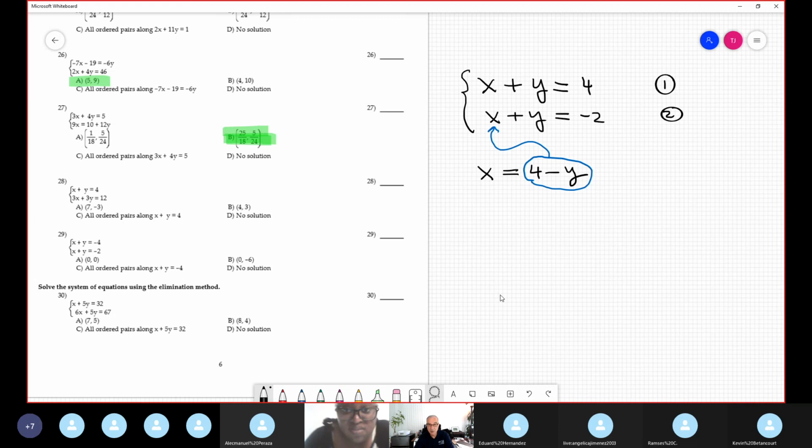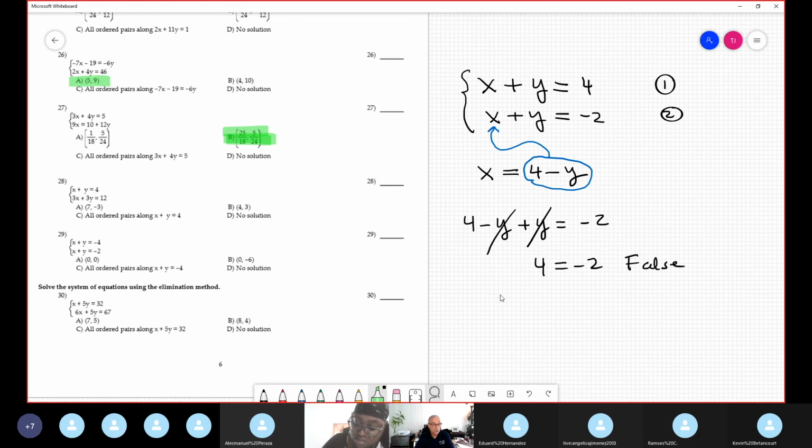We have no x anymore: 4 minus y plus y equals minus 2. Positive y and negative y cancel, and what stays is 4 equals negative 2, which is a complete contradiction. Therefore, we have no solution. The answer is this.